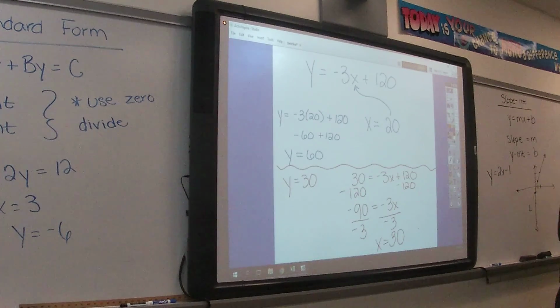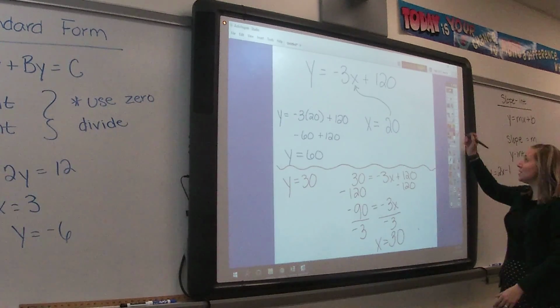Colin, what do you think? Negative 3x plus 120 equals 30. Close, but we don't want it to equal 30. What do we want it to equal? 0, because how many cookies do we want her to have left? 0. That would be our x-intercept.